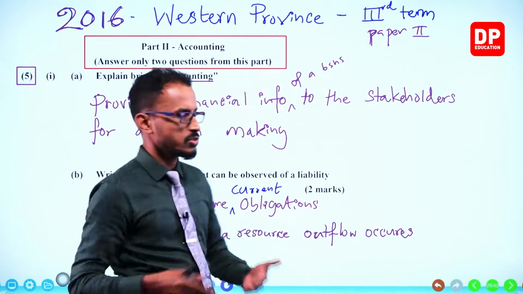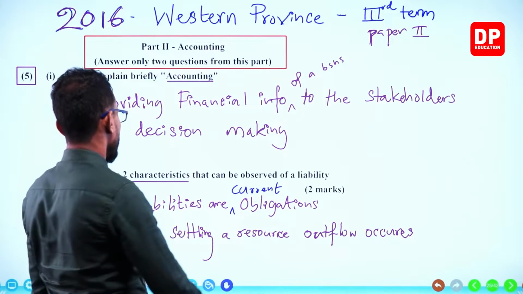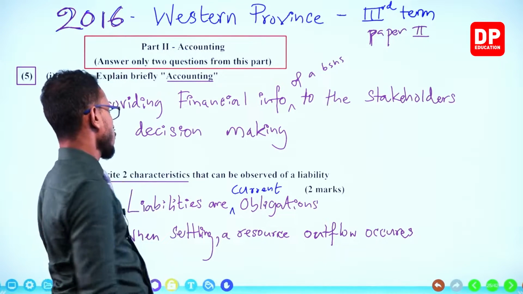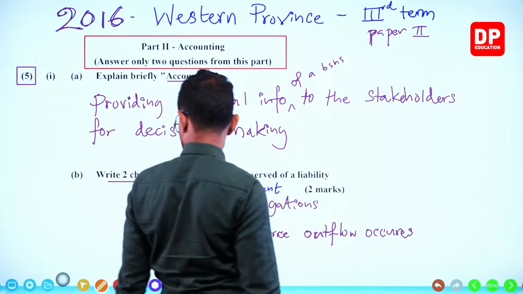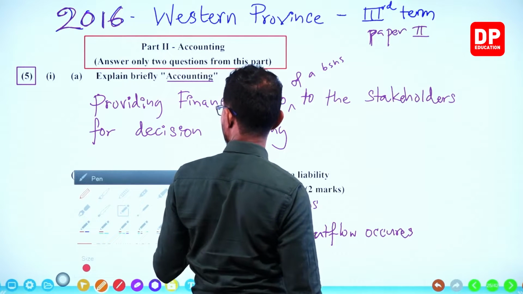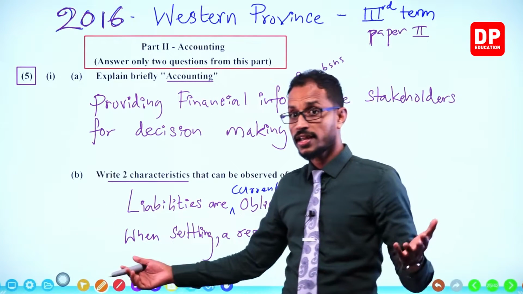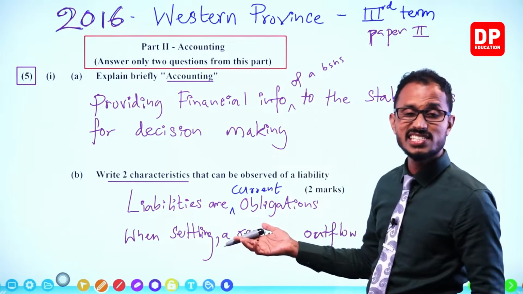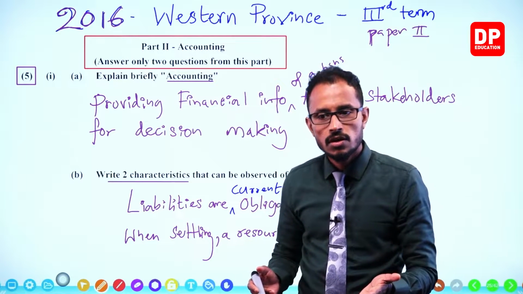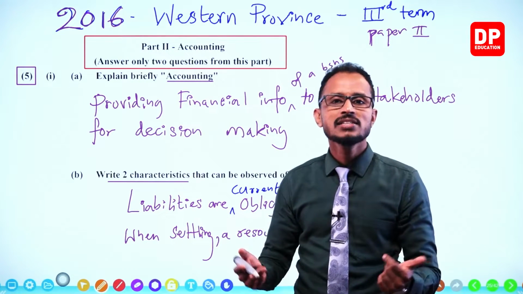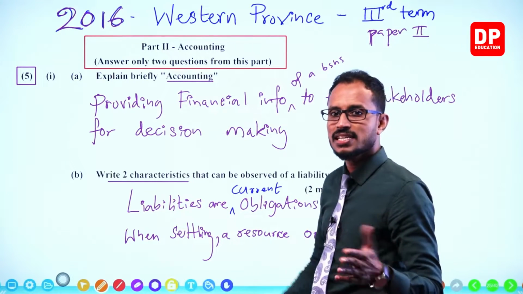So cash outflow, resource outflow occurs when settling. That's it. If you want, you can write more. I can give you more. Do you want more? Another characteristic is liabilities are generated from past transactions.